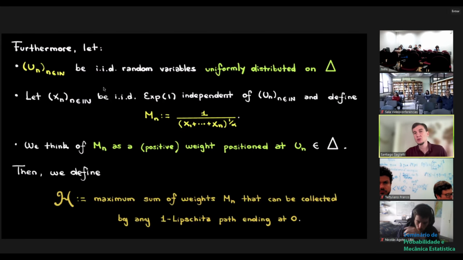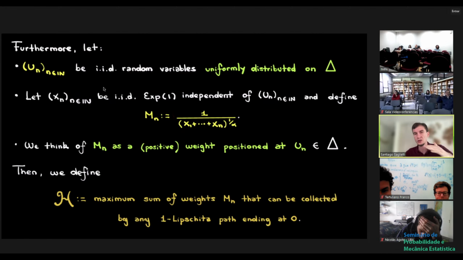And then I'm going to assign to each of these locations a weight, which is going to be chosen in the following way. I'm going to consider a sequence of i.i.d. exponential random variables of parameter 1, X_n, independent of the U_n. And I'm going to define the random variable M_n by this formula right here.